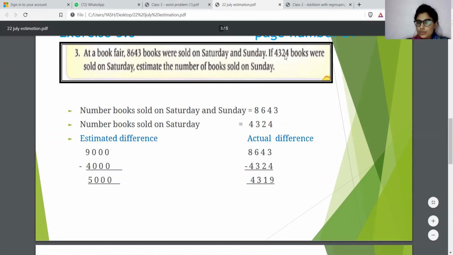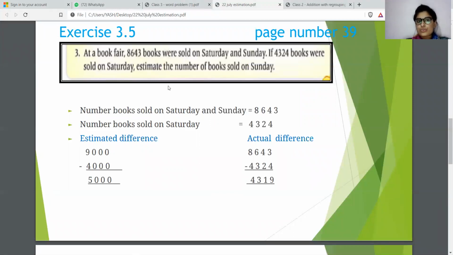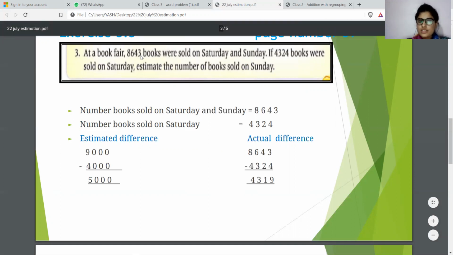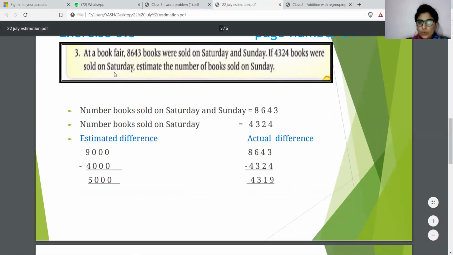If 4,324 books were sold on Saturday. So, as we know, on Saturday and Sunday 8,643 books were sold. But on only Saturday, 4,324 books were sold. So, estimate the number of books sold on Sunday.